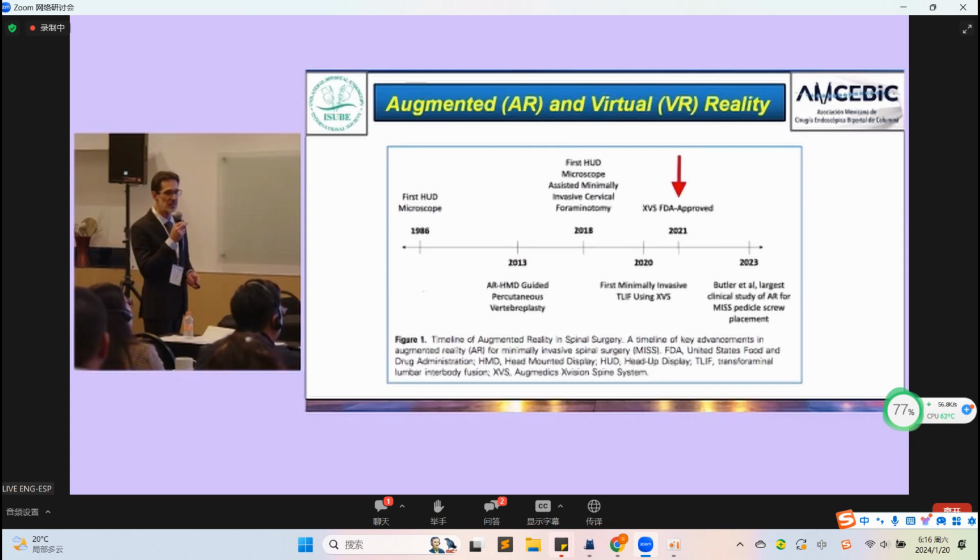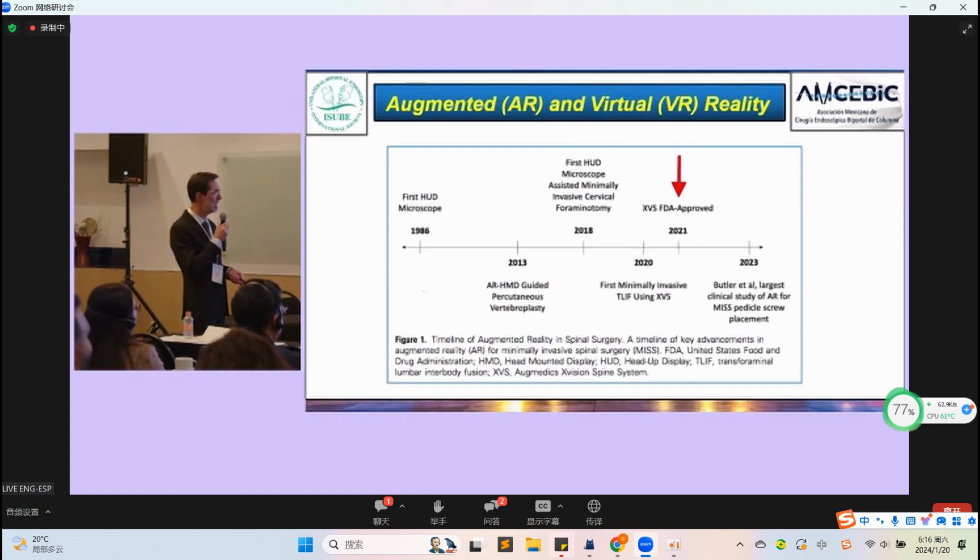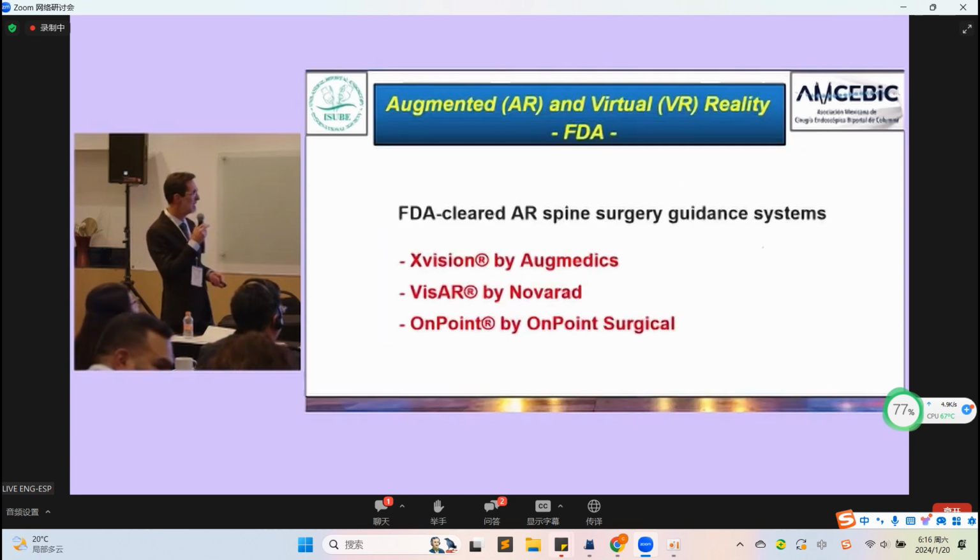The first system was FDA approved in 2021 for use in the spine. And nowadays we have some FDA-approved systems, like XVision, Visor, and OnePoint.